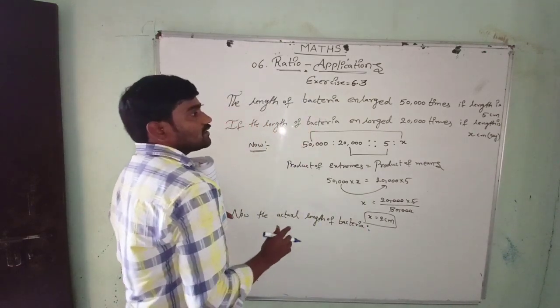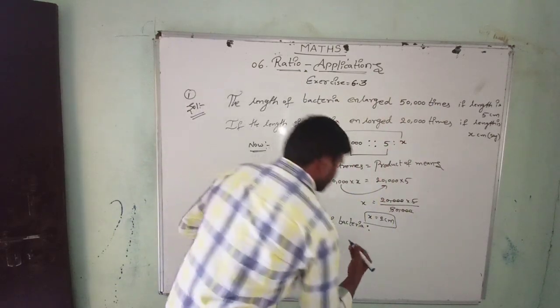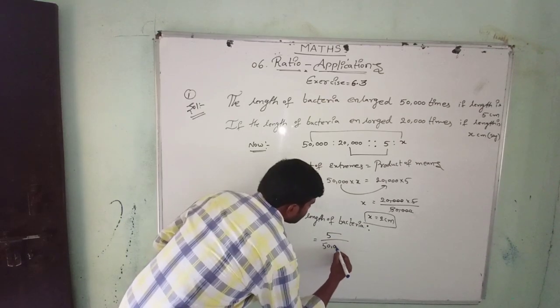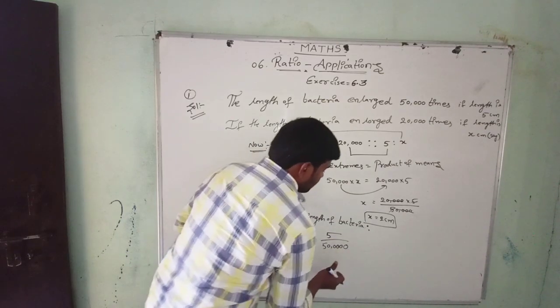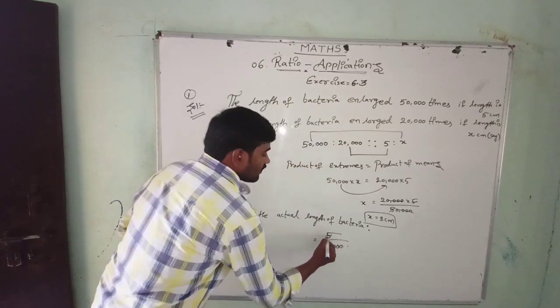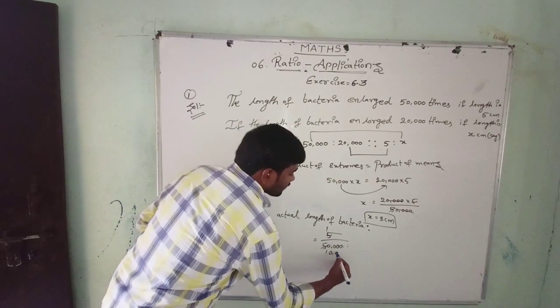How to find it? Here it is 5 by 50,000. Let us divide: 5 ones are 5, 5 ones are 5. Then it will be 1 by 10,000.